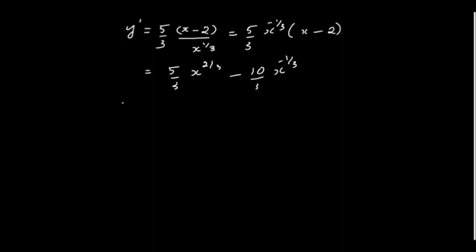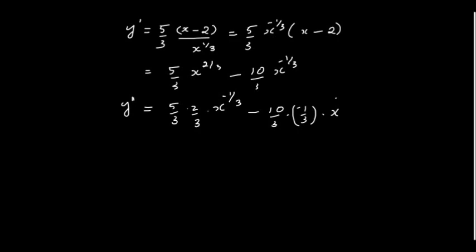Now let's find the second derivative. y2 dash equal to 5 by 3 times 2 by 3 times x raised to 2 by 3 minus 1, that is minus 1 by 3, minus 10 by 3 times minus 1 by 3 times x raised to minus 1 by 3 minus 1.